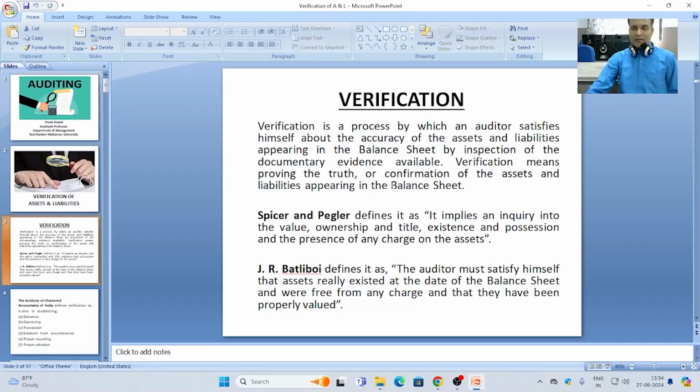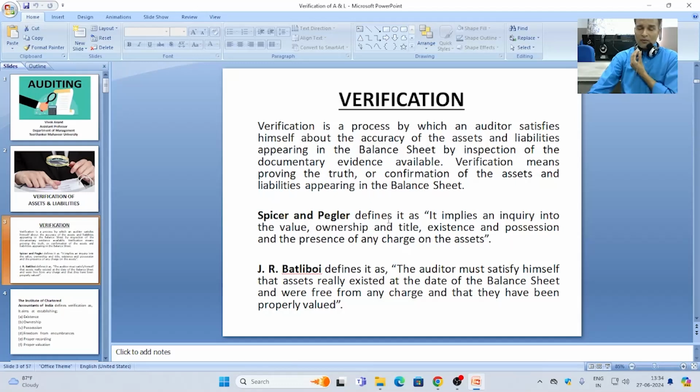Spicer and Pegler define verification as implying an inquiry into the value, ownership and title, existence and possession, and the presence of any charge on the assets. Next, author J.R. Batliboi also defines verification as: the auditor must satisfy himself that the asset really existed at the date of the balance sheet, was free from any charge, and has been properly valued.